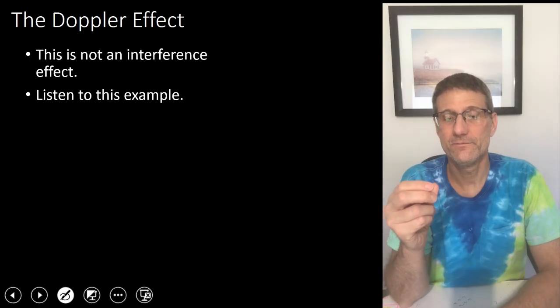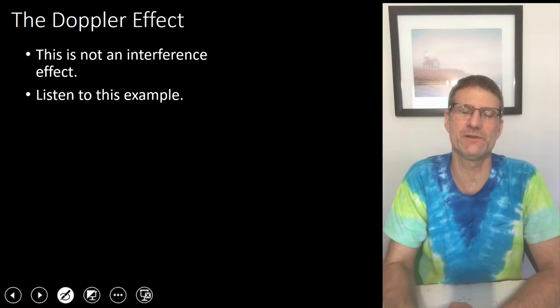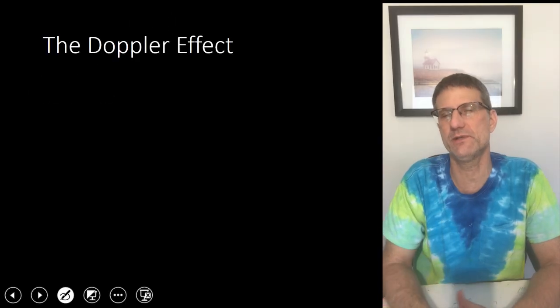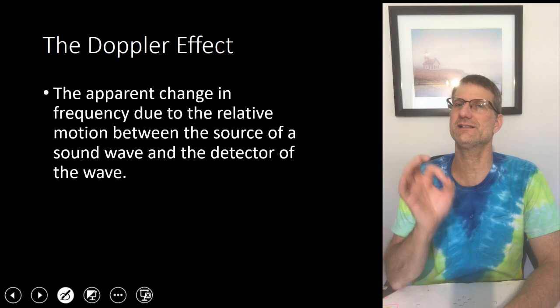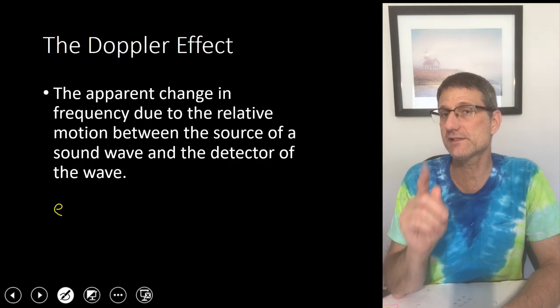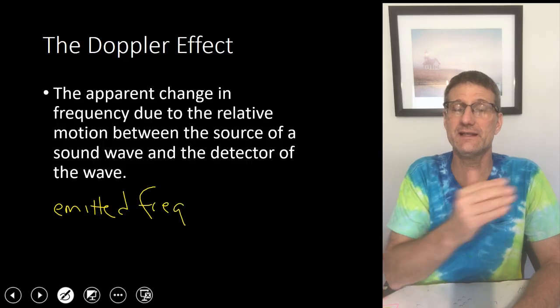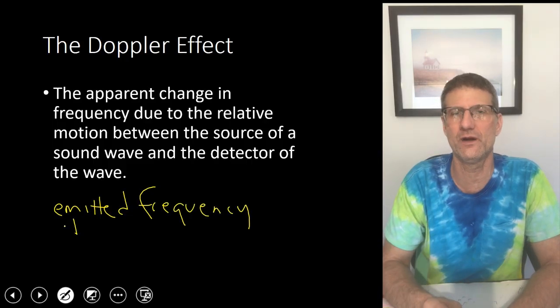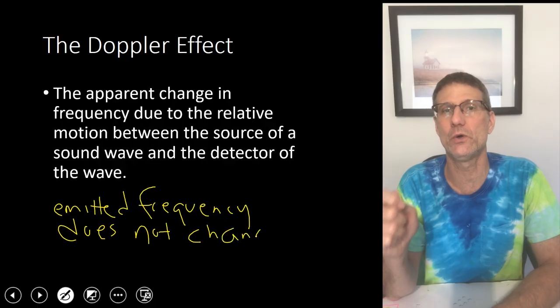Now, the Doppler effect, again, is that apparent change in frequency due to the relative motion between the source of the sound and the detector. Notice that it says it's the apparent change, because the frequency being emitted by the source never actually changes. In the example with the truck in the video, the horn is putting out the same frequency of sound, the same pitch all the time.